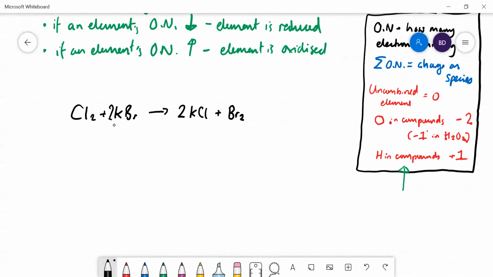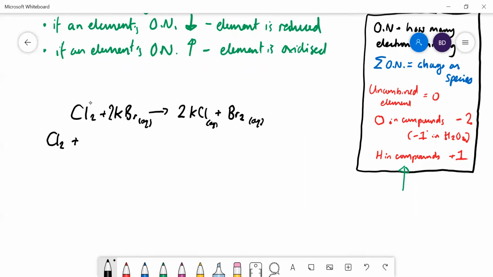So let's rewrite that. So we're going to have Cl2, and this is a halogen displacement reaction. You'd add chlorine gas to potassium bromide in aqueous solution, and you would make potassium chloride in aqueous solution, and you get some bromine produced, which actually does dissolve in water, so it makes the water go reddy brown.